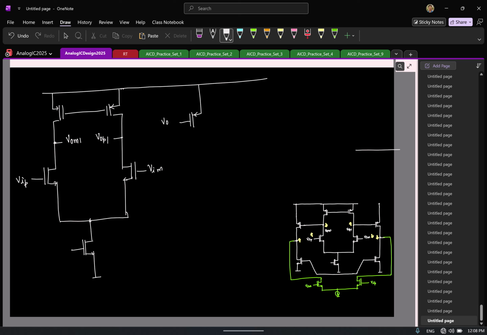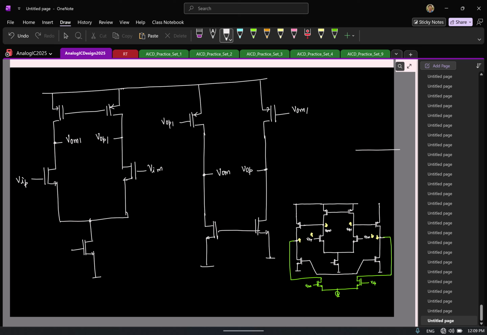Assume that this is taking VO plus 1, this is taking VO minus 1, and then you have the current source here. And this is going to be VO minus. I've just drawn the two-stage OTA slightly differently, that's all.